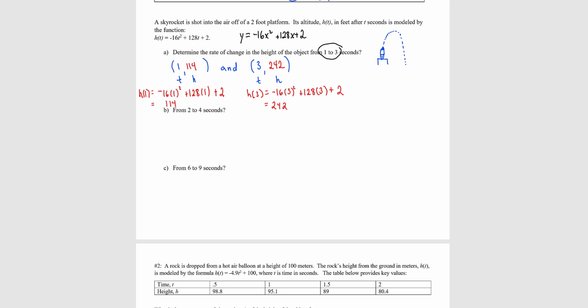But now to actually find the rate of change, we're just going to use the y2 minus y1 formula, or in this case, the h2 minus h1 formula. 242 minus 114 divided by 3 minus 1.